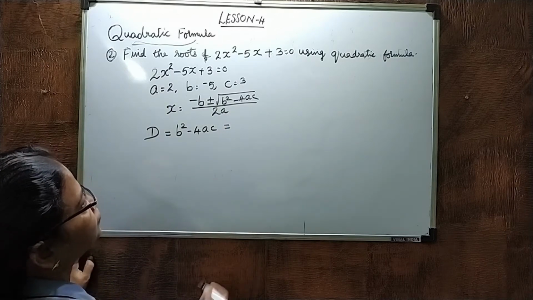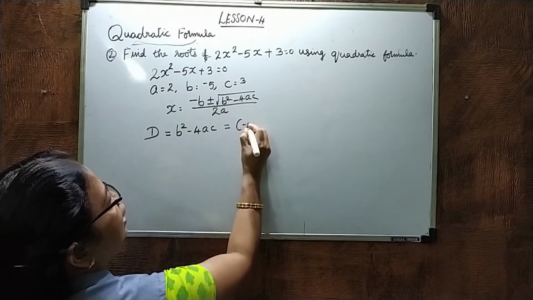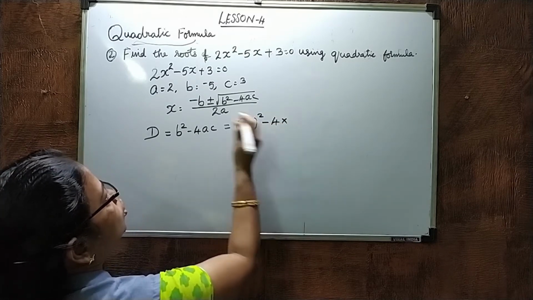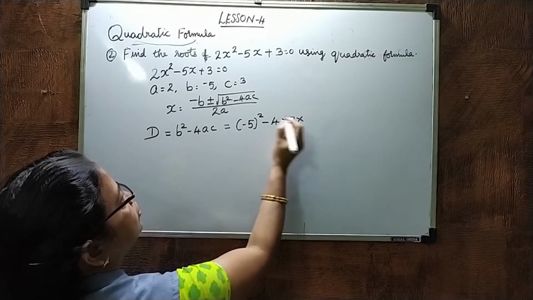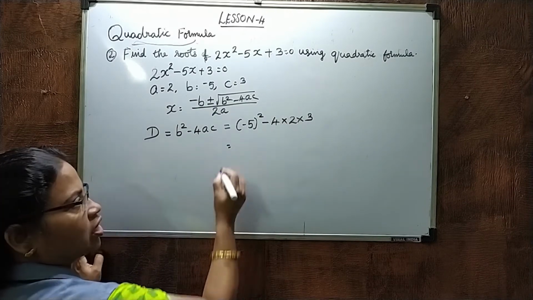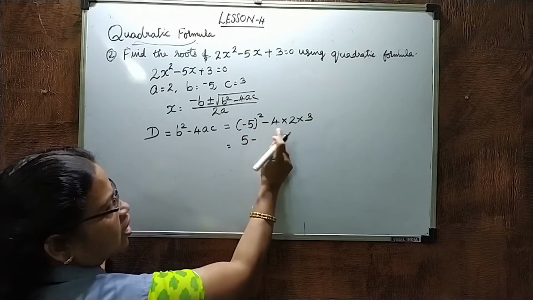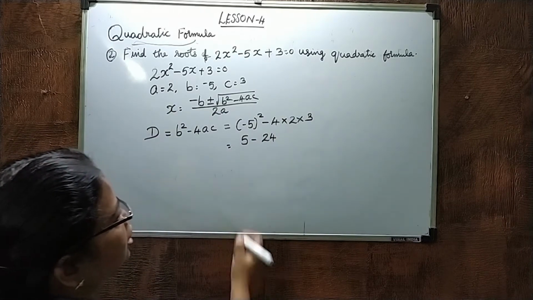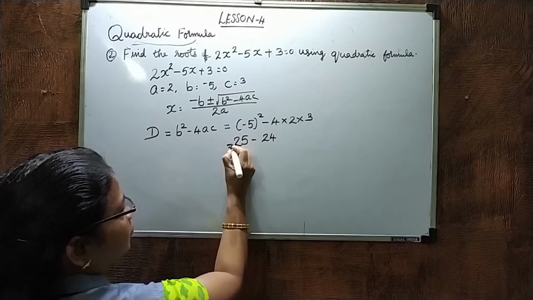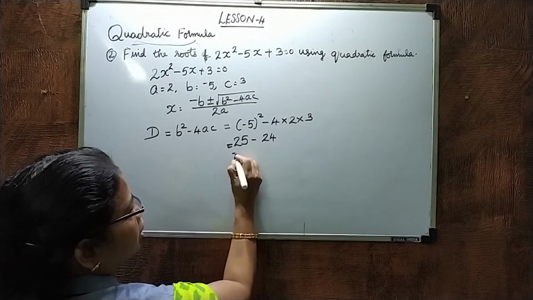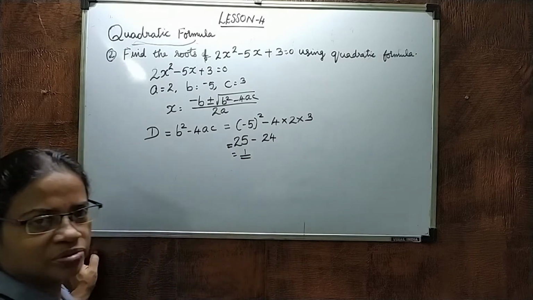Then it is b square, negative 5 square minus 4 into a, which is 2, and c into 3. It is negative 5 the whole square, it is 5 minus, here also 24, right? Here 5 square means 25. 25 minus 24 equals, here 1 you got.